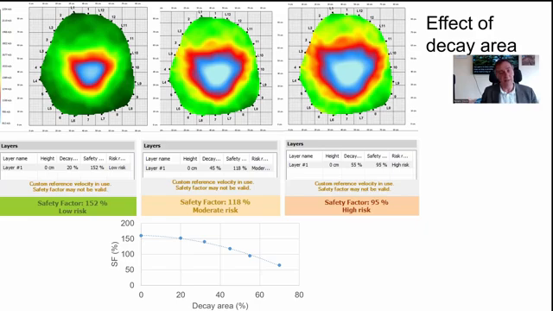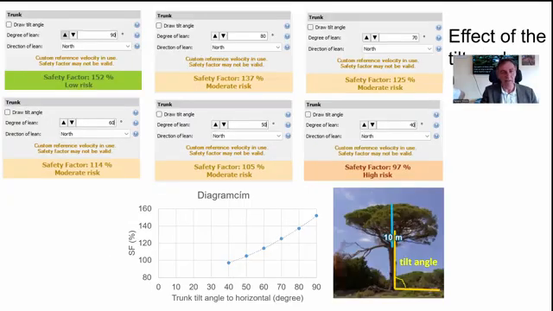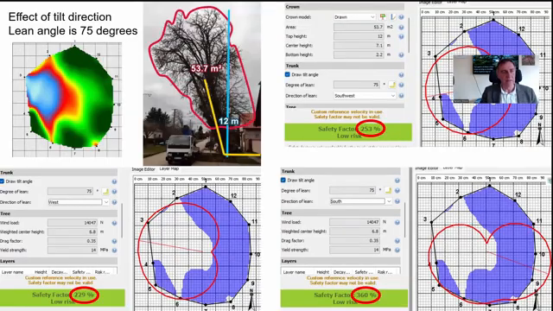Yes, it is, but many other parameters are also influencing. That's why I don't want to absolutely highlight the intact wall thickness importance, because it is incorporated in the biomechanics. Let's see another parameter like the tilt direction.